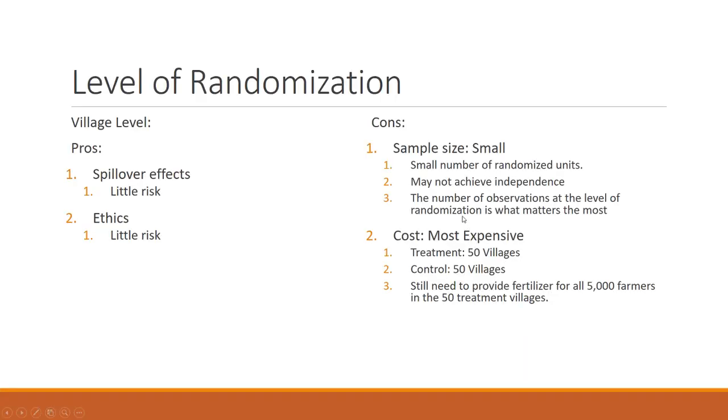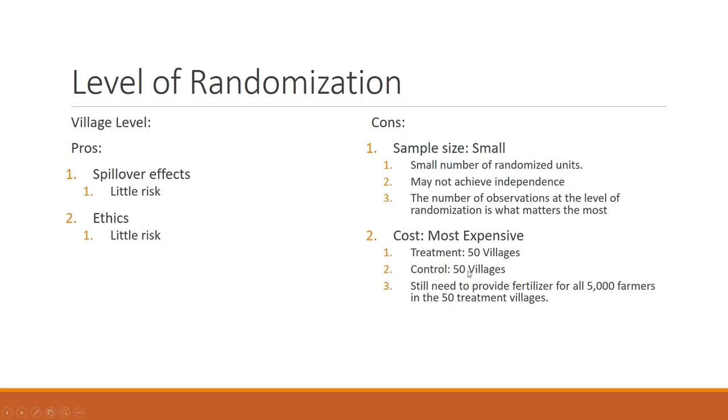Because we're randomized at the village level, you need to give the intervention to everyone in the treatment villages. We can't reduce the sample size. We've got to give the intervention to all the farmers in the treatment villages, and so that means it's going to be more expensive. We have to buy more fertilizer.